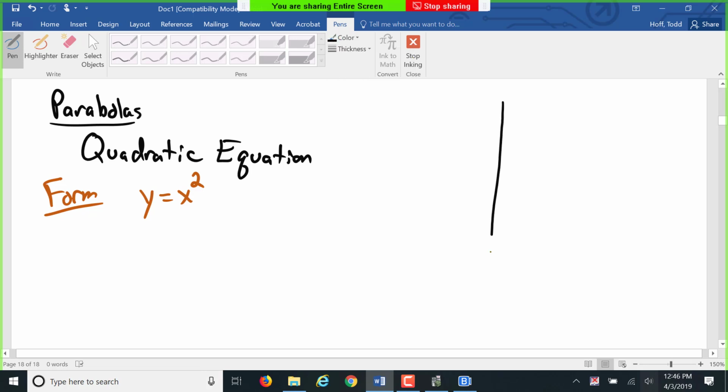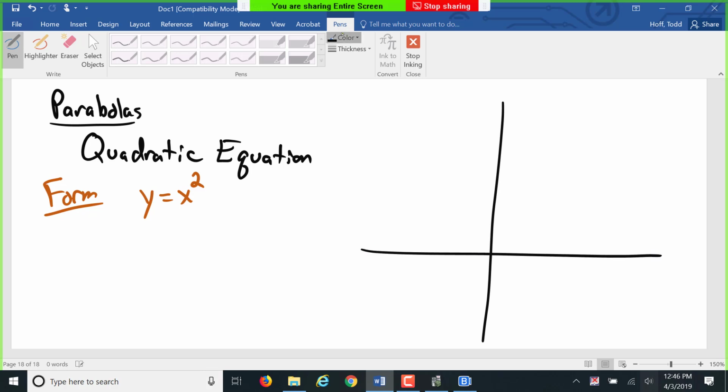The graph for that, as we explored a little bit yesterday, looks like this. The vertex is at the origin. If we go over 1, 1 squared is still 1. If we go over 2, 2 squared is 4, so that means it goes up 4 units. If we go over 3, 3 squared is 9, so it goes up 9 units.